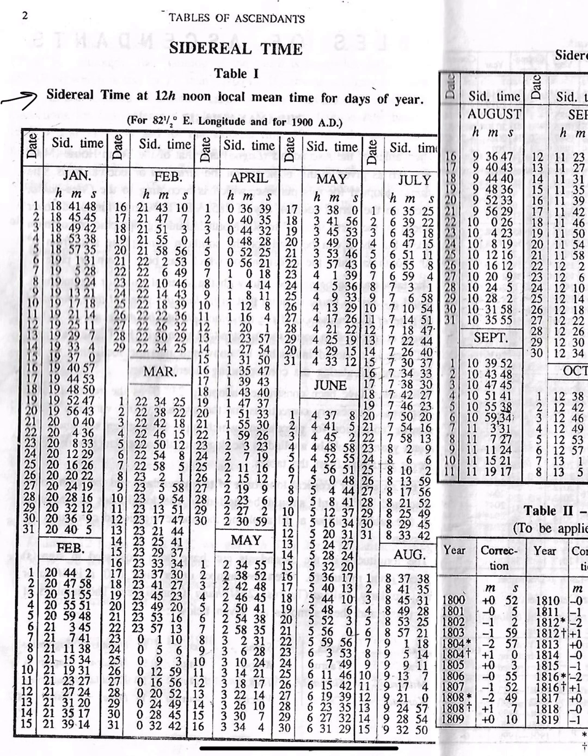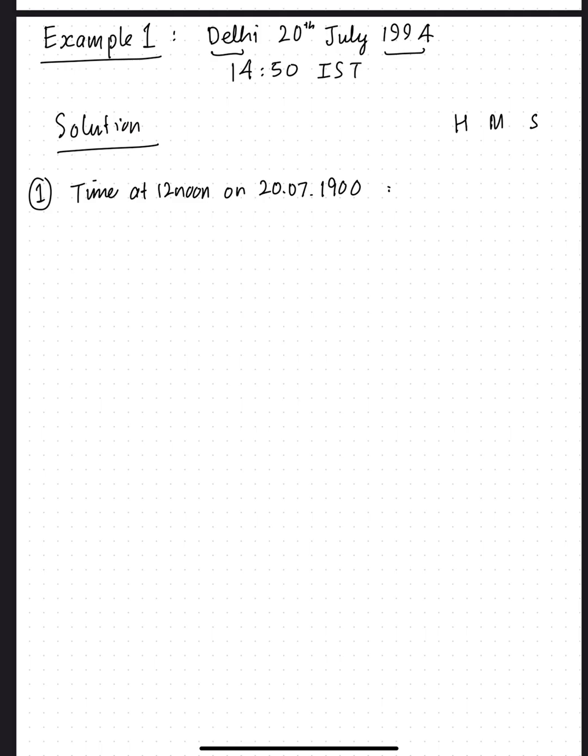So sidereal time at 12 hours noon, local mean time, for all the days of the year. Ours is July 20, so 7:50:20. I can always remember by looking at the units: 7 hours, 50 minutes and 20 seconds. We come back here, 07:50:20.